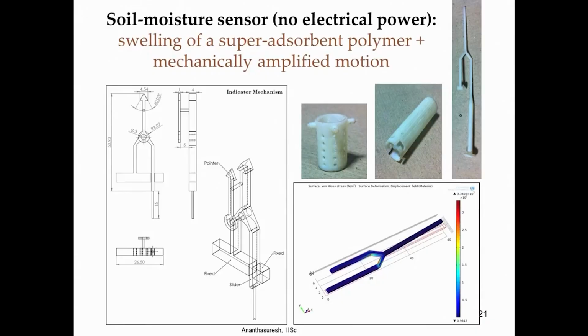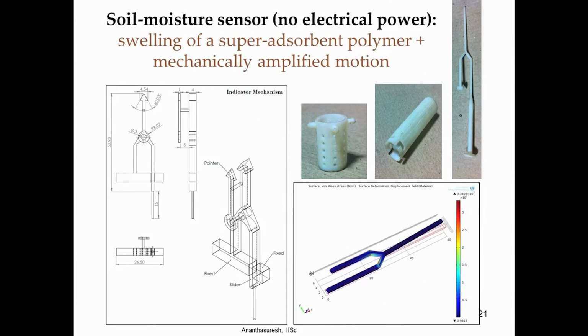So, compliant mechanisms can act like transmissions because they transmit force, motion as well as energy. If you look at that direction changing device that I just showed, it can be put to use. Here, one of my students has created a soil moisture sensor without using electrical power.